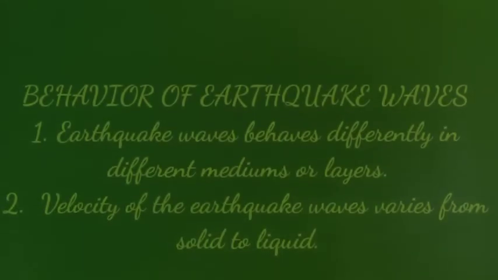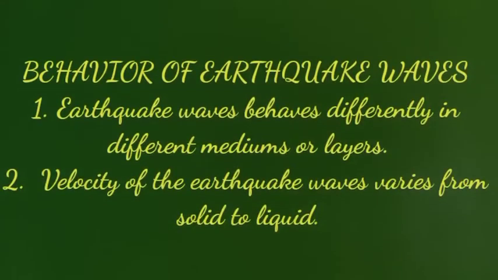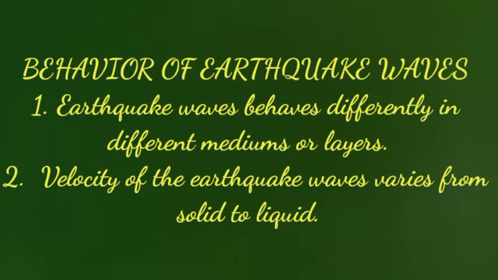So when we discuss the behavior of the earthquake wave as the fifth indirect source in understanding the Earth's interior, what it gives us an idea of is that the waves that travel in solid have a different characteristic compared to the wave that travels in liquid.